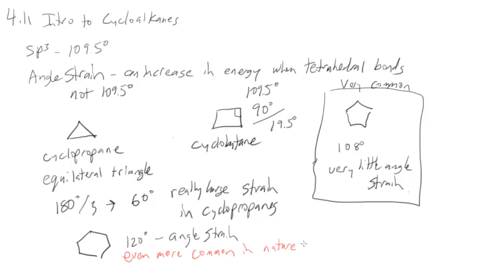But that doesn't seem to make sense, because you would think there's some angle strain here. And then what happens is if you analyze this molecule, you'll find out there's actually no angle strain in cyclohexanes.